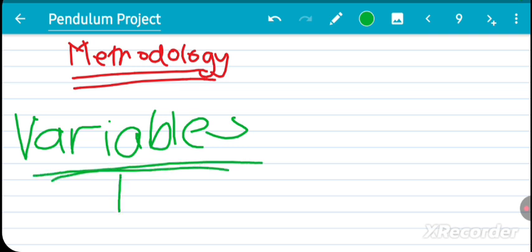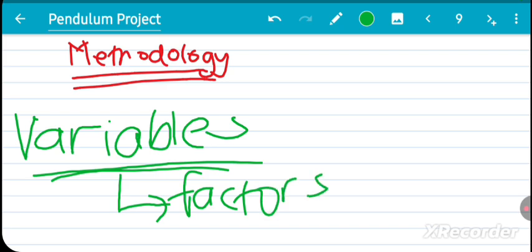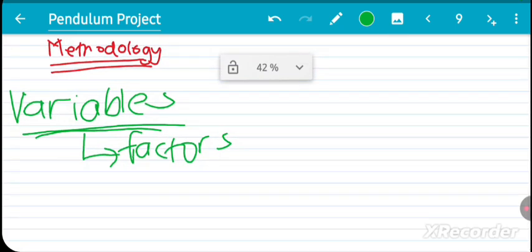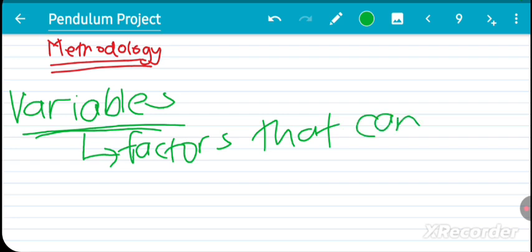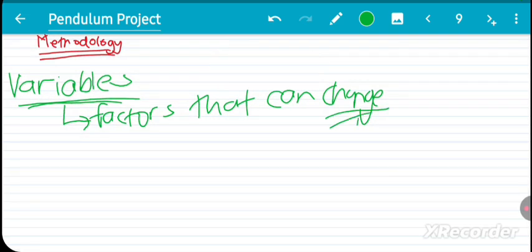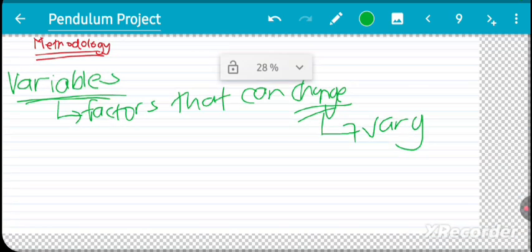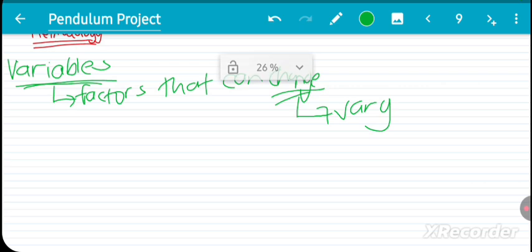So these are factors that can change, that can vary during the investigation.